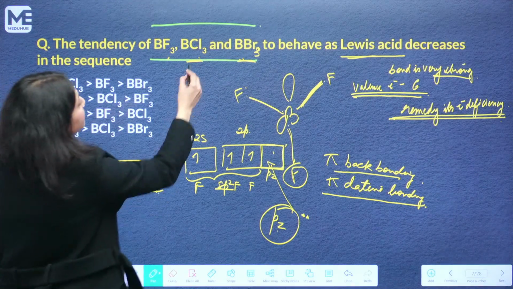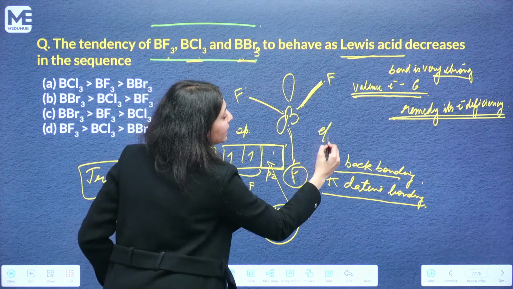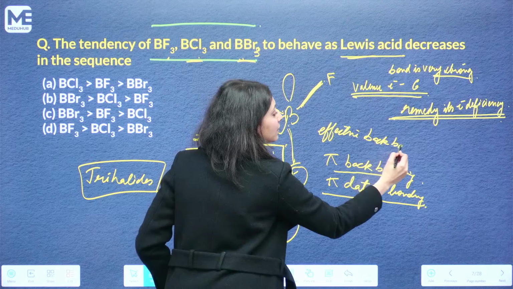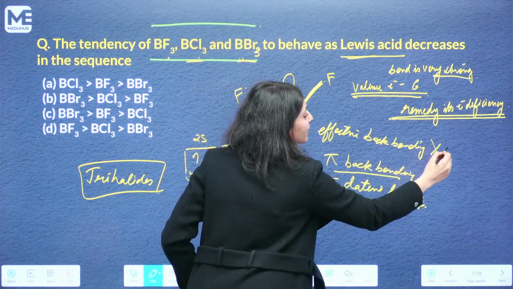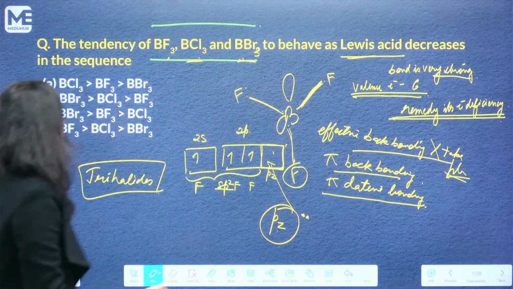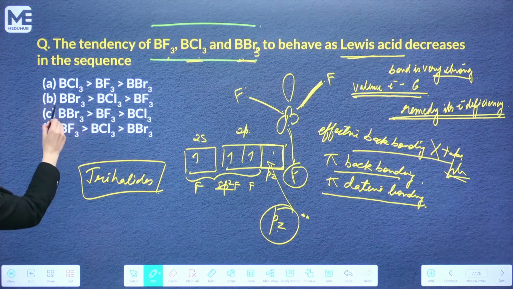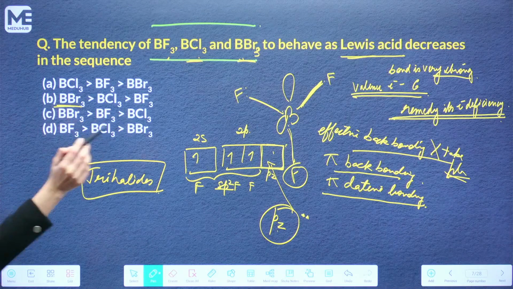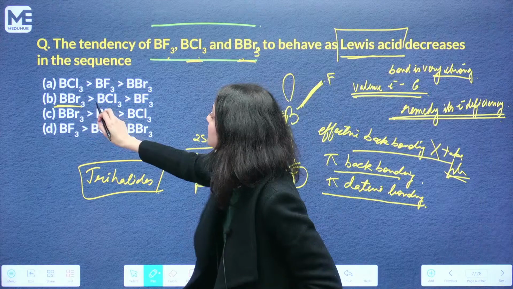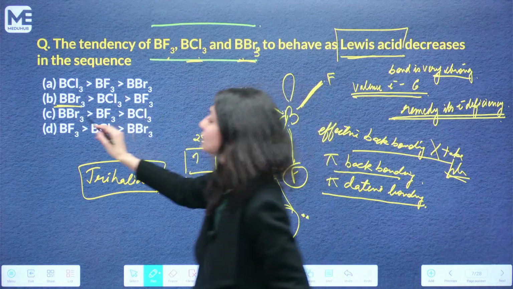That means that effective back bonding does not take place. So BBr3 has to be the strongest Lewis acid, followed by BCl3, followed by BF3. The correct answer is B.